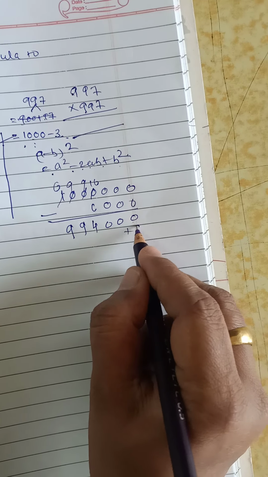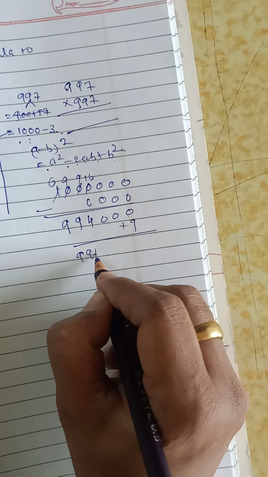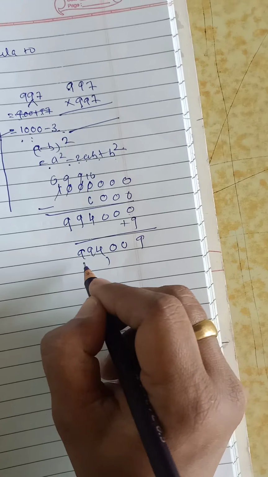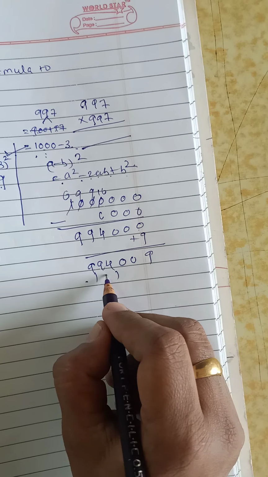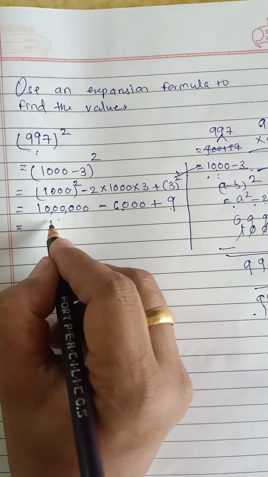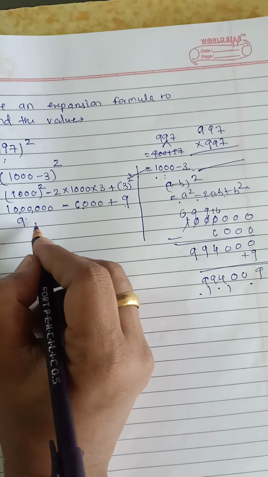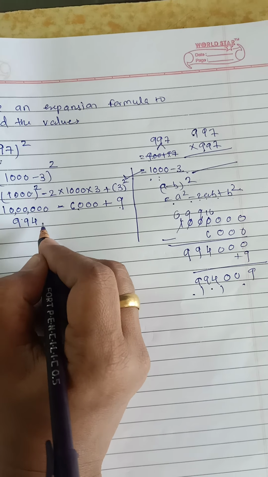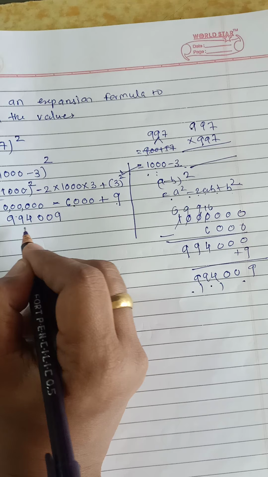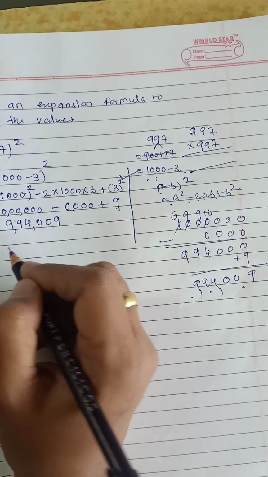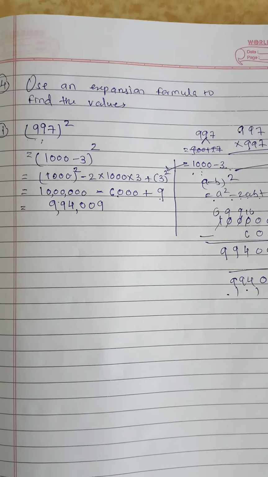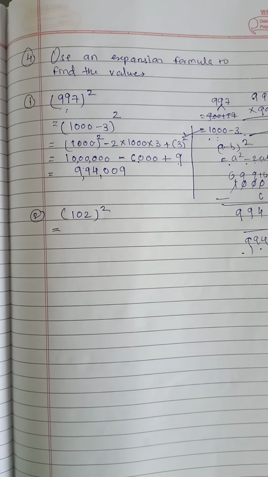And in this we have to add 9. So this is 994,009, that is 9,94,009. So this is the answer for the square of 997.